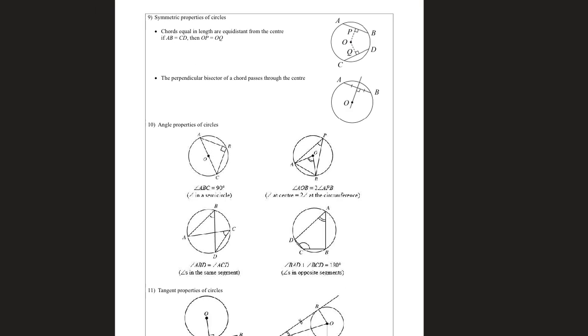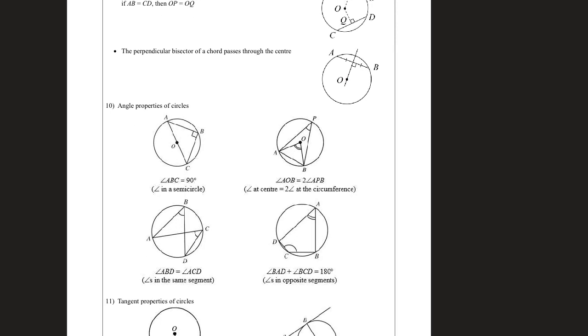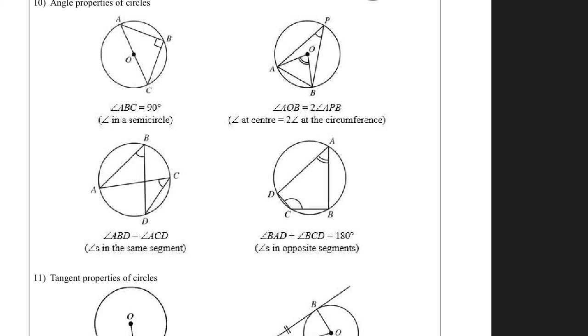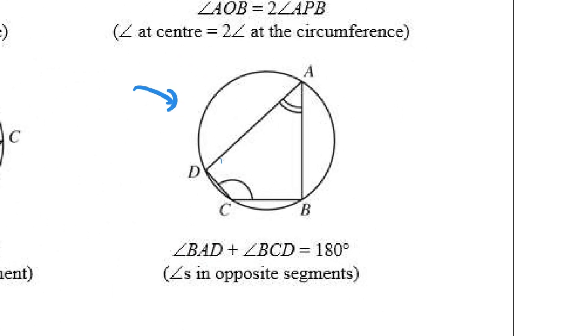And finally, the next three will be on symmetrical properties of circles and angle properties of circles. Take note, spinning off from the last one, angles in opposite segment. This is a cyclic quad. If given a cyclic quad, for example, I'm looking at this angle, I call this X. I know the one opposite is 180 degrees minus X, because of angles in opposite segment.